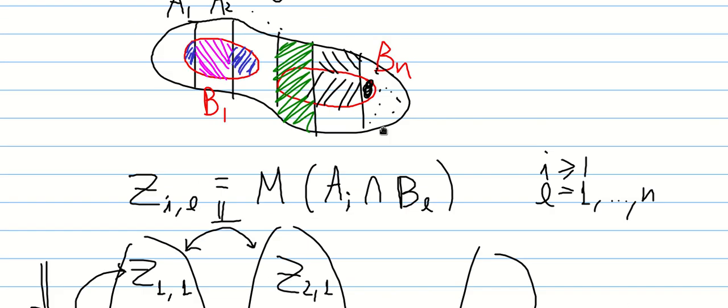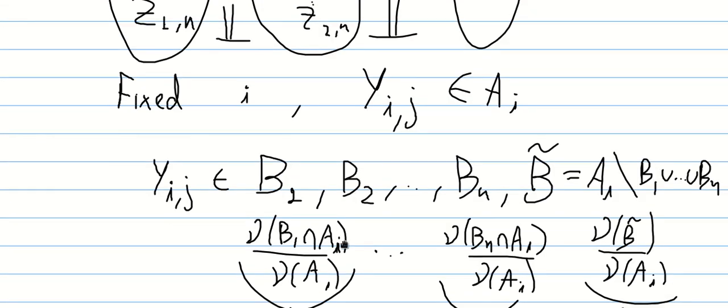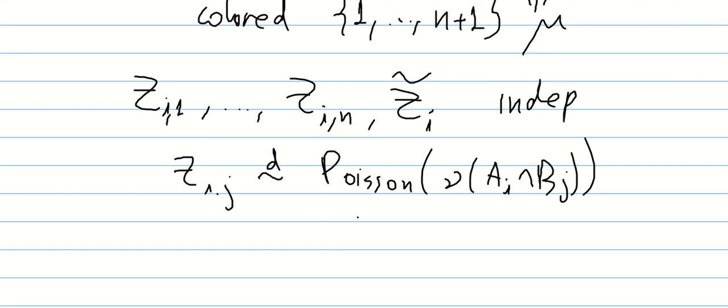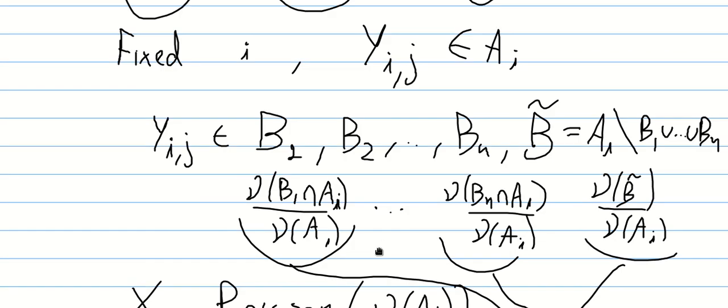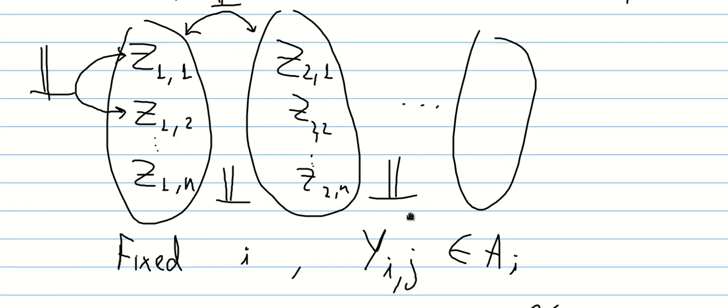Every slice that you obtain is independent, and they all have distribution given by a Poisson random variable with parameter nu of the intersection, so nu of the region that that slice corresponds to. So why is this interesting? Because now that we sliced, we can join.